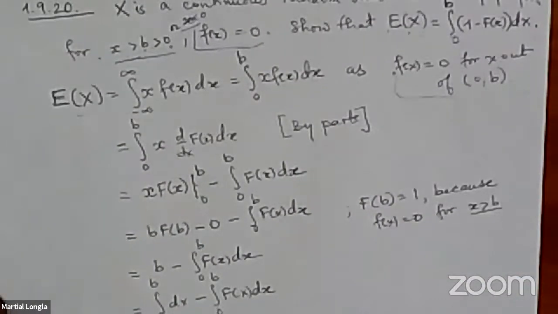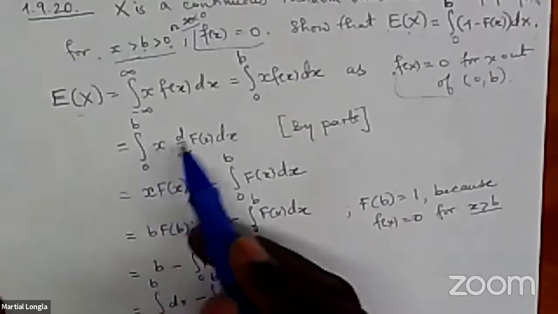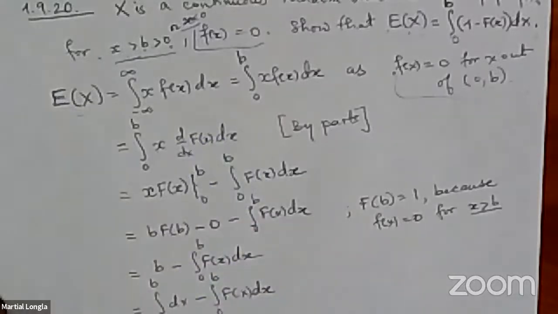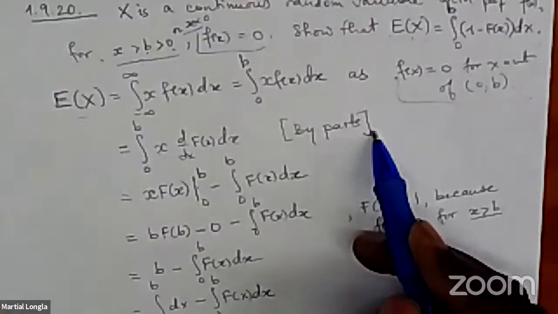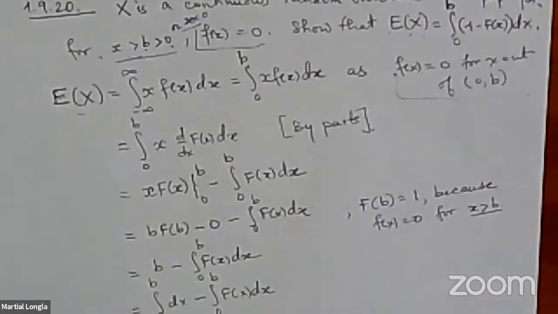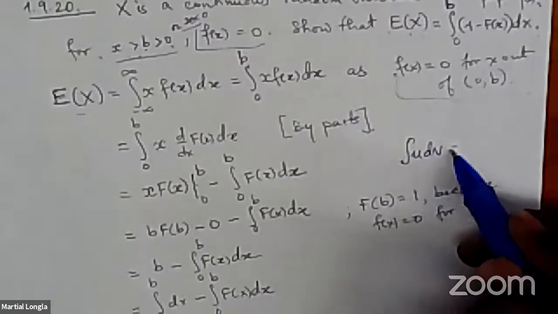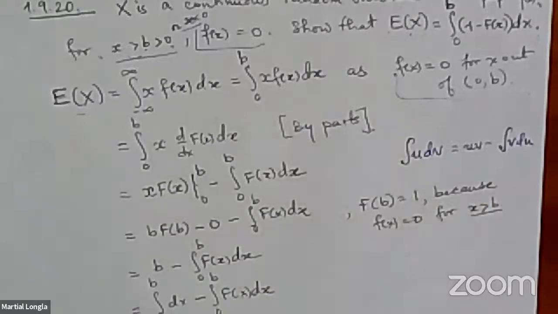And now, this is the integral from 0 to b of x f of x, and f of x is the derivative of capital F of x. Little f of x is the derivative of capital F of x. Now I say we integrate this by parts. Integration by parts states that the integral of u dv equals uv minus the integral of v du.